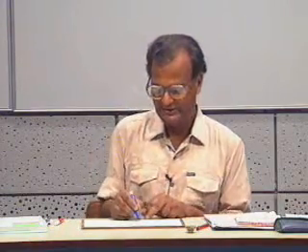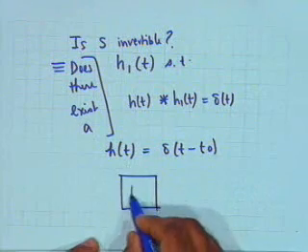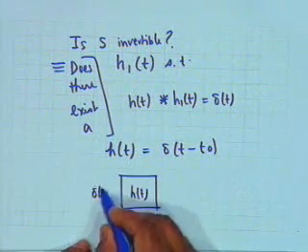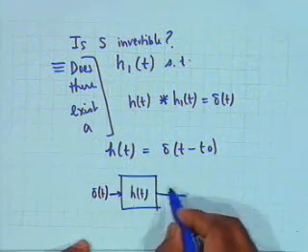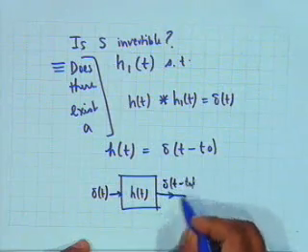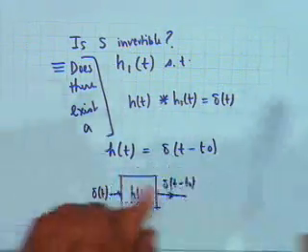That is, you apply delta t, look at the physical picture, you apply delta t to the system whose impulse response is h, delta t, and all that comes out is delta t minus t0. That is, the unit impulse is simply shifted to the right or to the left depending on the sign of t0 by the amount t0.